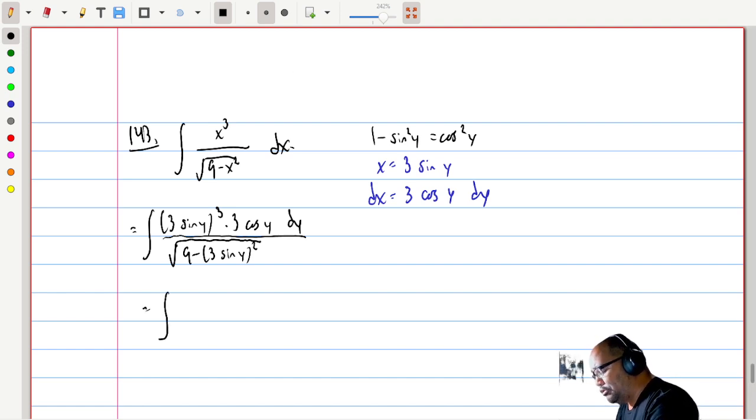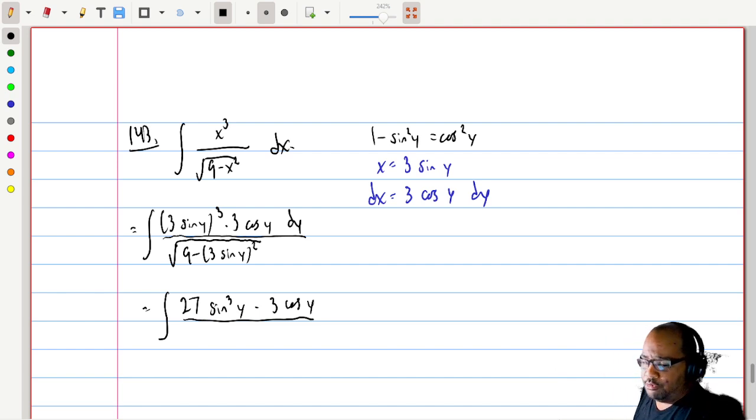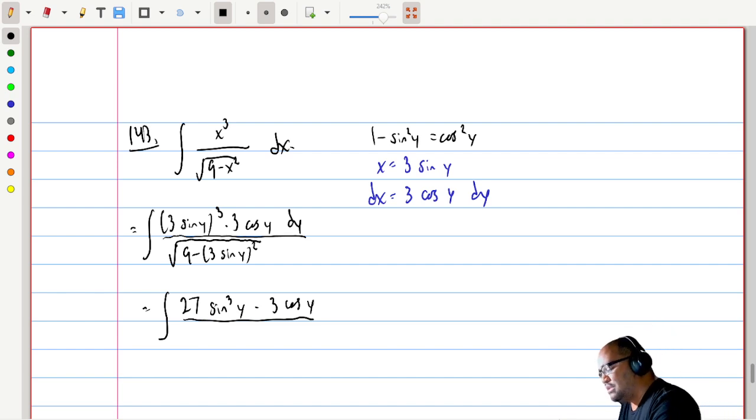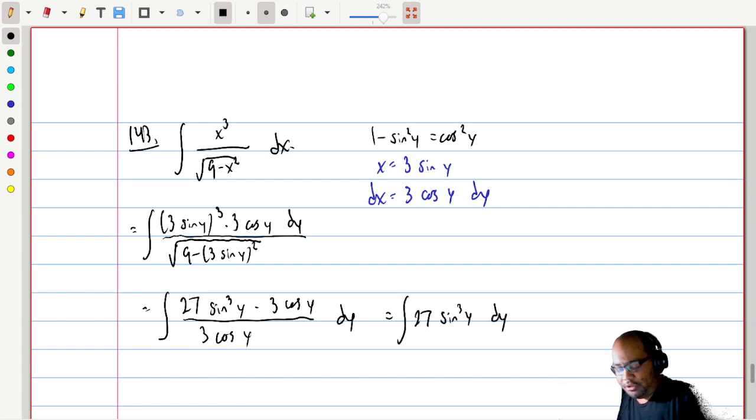I'll spare you the details. 27 sine cubed y times 3 cosine of y. Inside the square root, we get 9 minus 9 sine squared y, and the square root will give me a 3 cosine of y after you use some manipulations here. And thankfully some stuff vanishes, and now I can demonstrate another technique here. So we have 27 sine cubed y dy.